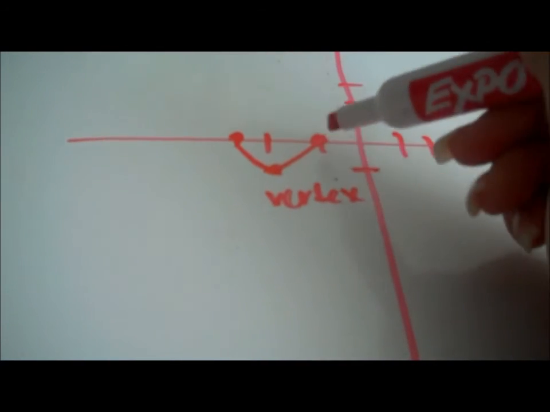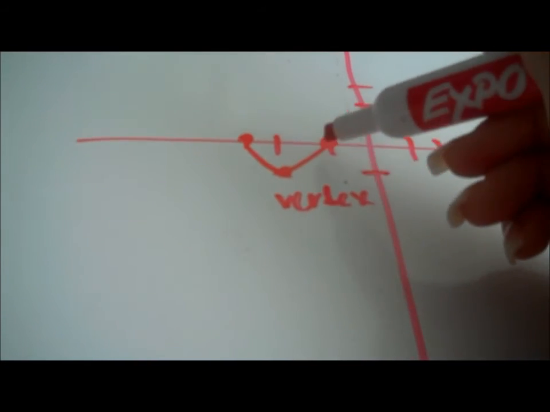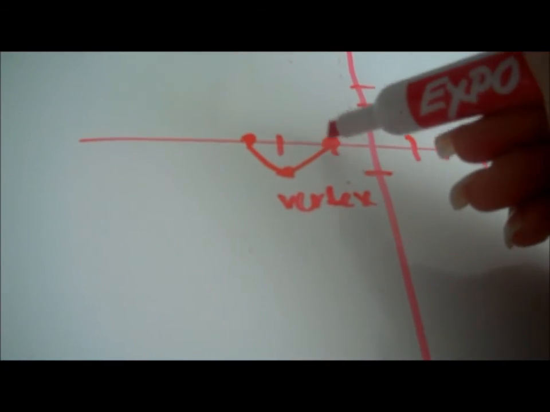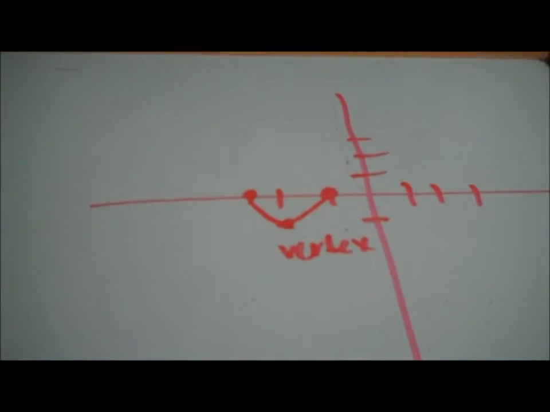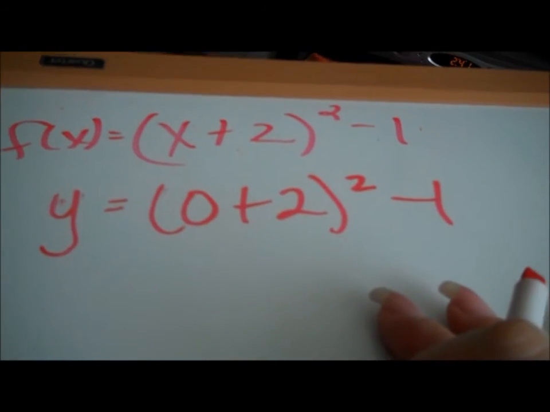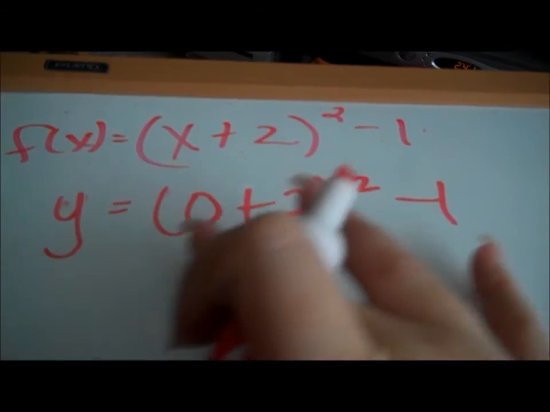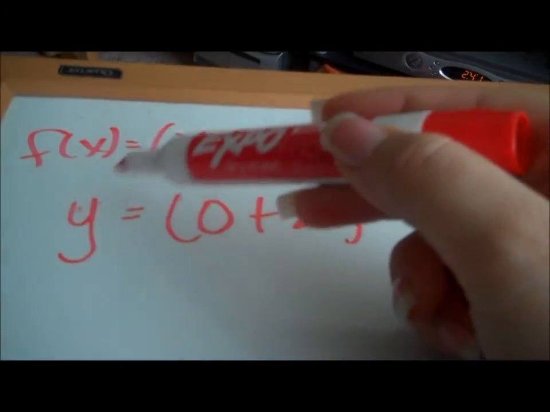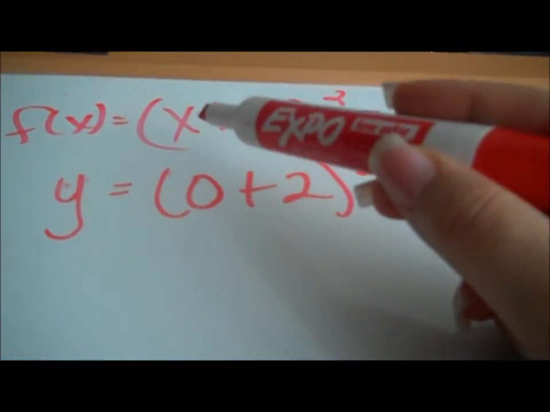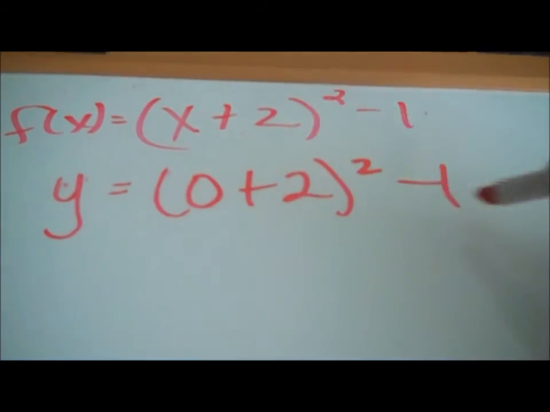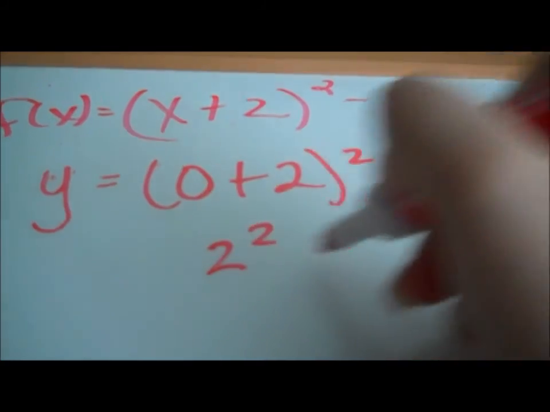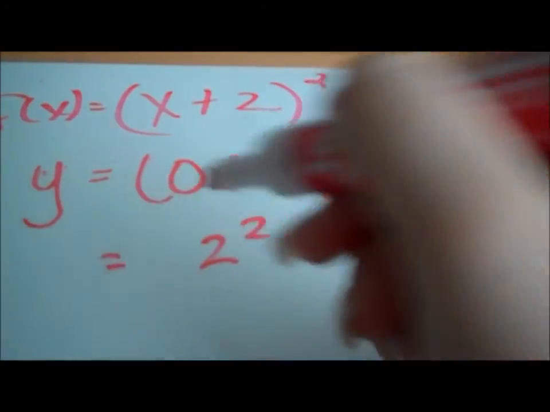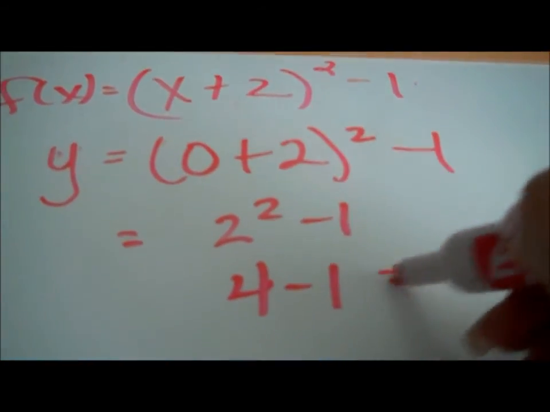But let's find out where that y-intercept is. We need to find out where that y-intercept goes so that we can kind of figure out the fuller shape of this. In order to find our y-intercept, we have to solve for y, which is the same thing as f of x. I have to substitute 0 in for x and work this out. Okay, so 0 plus 2 is just 2. 2 squared minus 1. And so this is going to be 4 minus 1, which is 3.